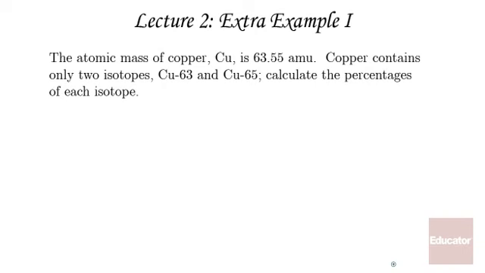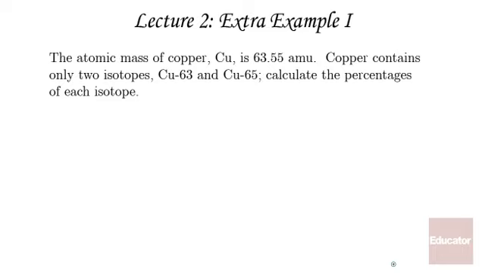This example illustrates why the atomic mass that is included in your atomic mass table, in your textbook, in your reference sources, and also in these lectures, you can pull it up at any time, why the atomic mass is sometimes a number that is very far from a whole number.